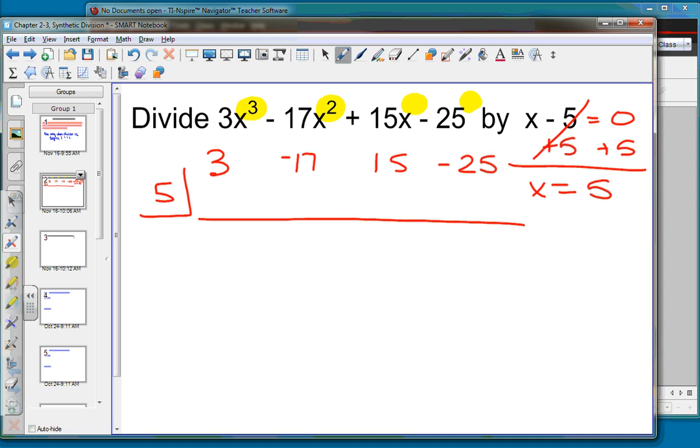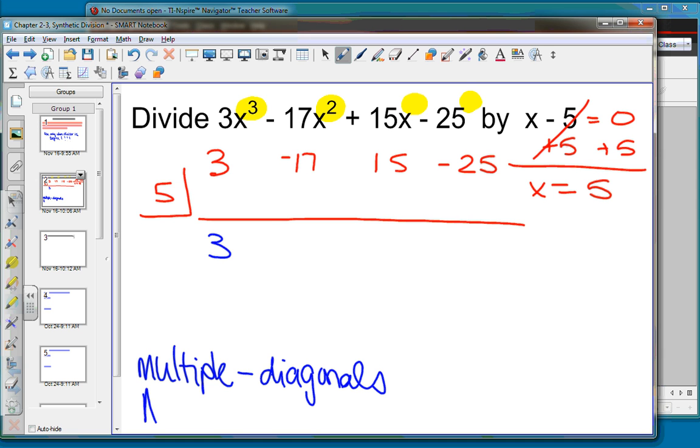Then what do we do? We drop down the first number, which is the 3. Then we are going to multiply on the diagonals, and we are going to add vertically.